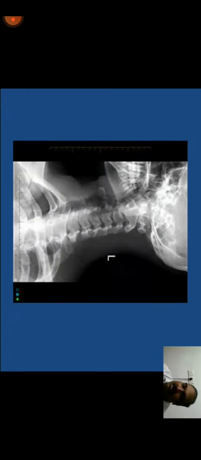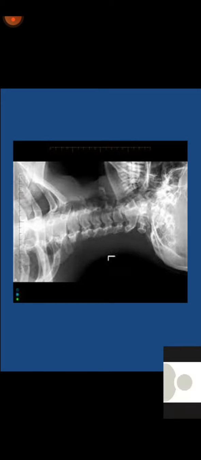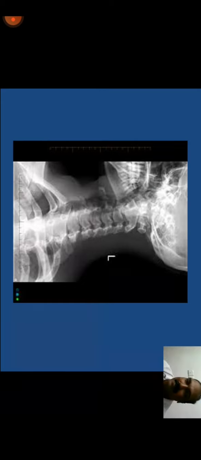Anybody can tell what this is? Take a few seconds. First, which view is this? Oblique.